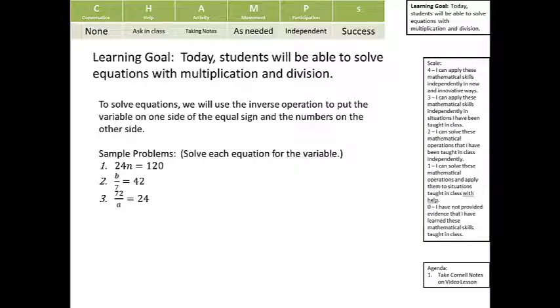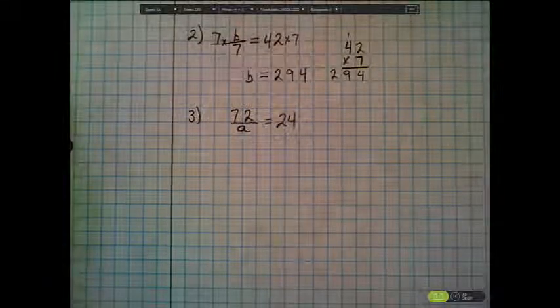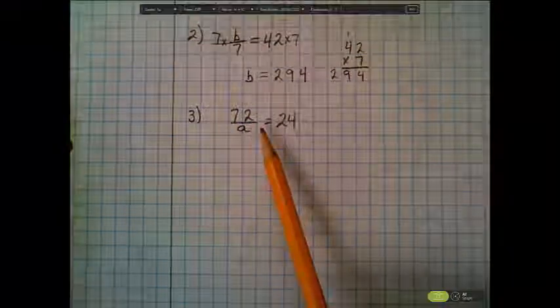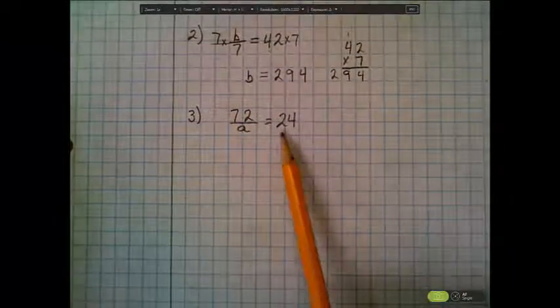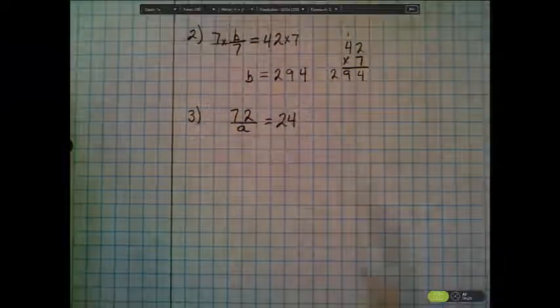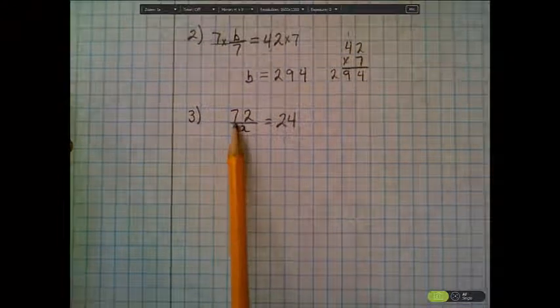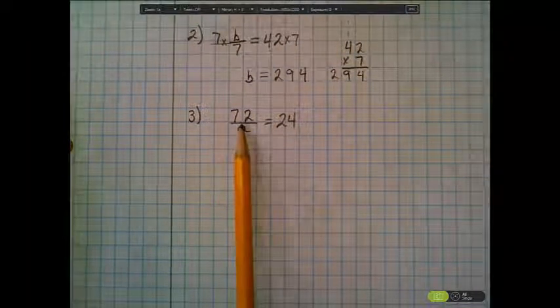Alright, so our final sample problem that we're going to do is 72 over a is equal to 24. Again, we notice it's a division problem because we have that fraction bar there.